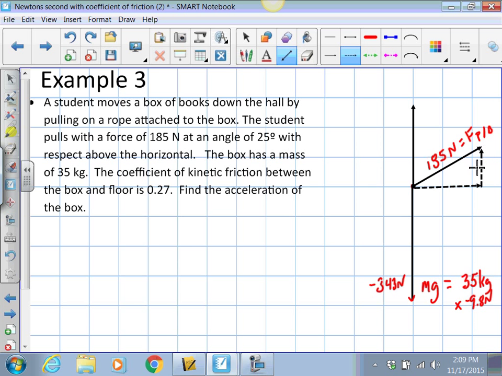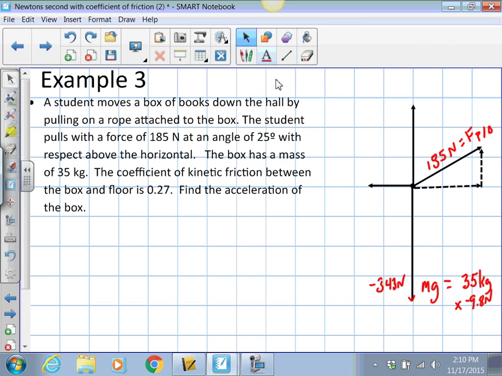So we actually have an extra force in the y dimension that we have to be concerned with. We also have one other force, which is friction. We have kinetic friction, so I'm going to put a value there. We may have to resize some of these to make them realistic, but I can resize that one right now, because there's only one other force in the x, so it's going to have to be the same size. Looks like about there.